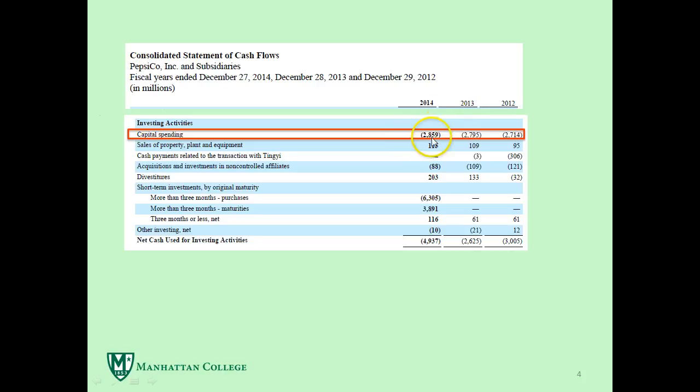So PepsiCo spent about $2.9 billion of cash buying new property, plant, and equipment, which is a lot more than the $115 million it got when it sold the old property, plant, and equipment. They purchased some short-term investments and sold some, but overall, it's the capital spending that accounts for most of the cash used for investing activities of $4.9 billion.